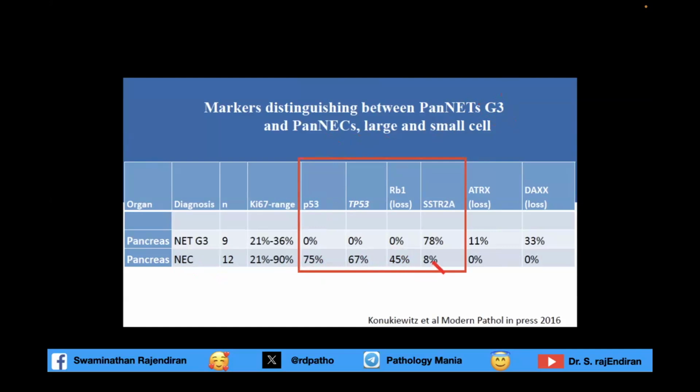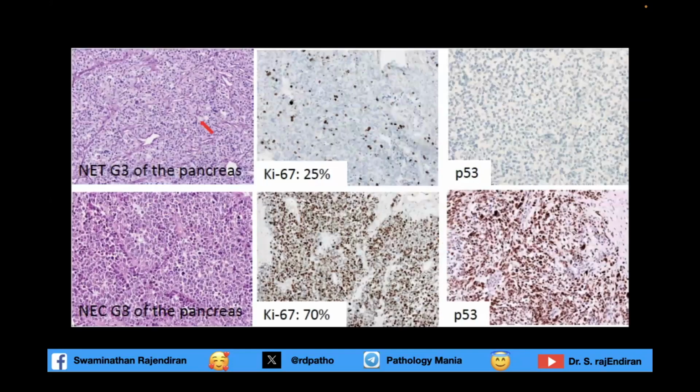And SSTR2A is positive in neuroendocrine tumor. So let us see the pictures. This is neuroendocrine tumor grade 3. This is neuroendocrine carcinoma. Ki67, even though both are having more than 20%, the neuroendocrine carcinoma will have 70 to 80 to 100%.